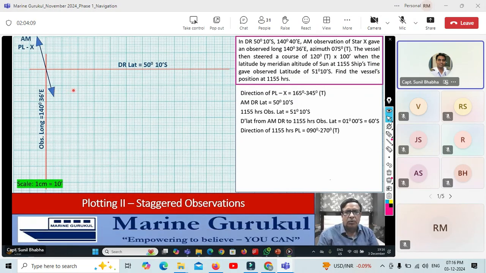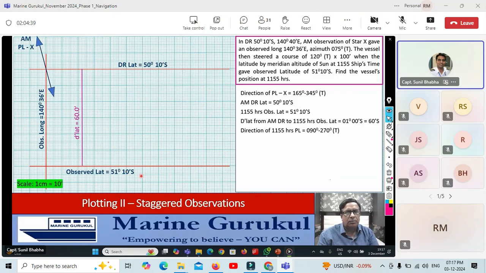Now, we know that the DLAT from the DR lat to observed lat at 11:55 is 60 minutes south. So we have taken a scale wherein one box here of 1 centimeter represents 10 miles. So that way we account for 60 minutes of DLAT, and we are able to then plot the observed lat for 11:55.